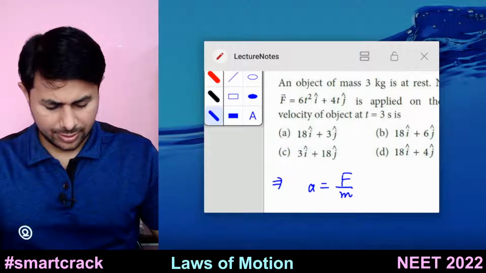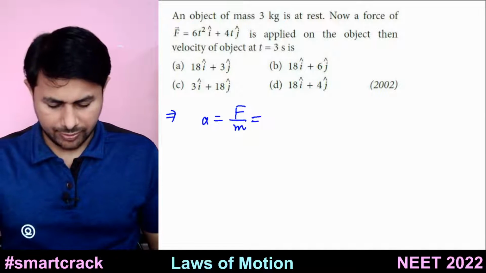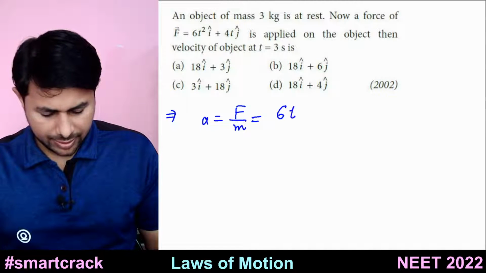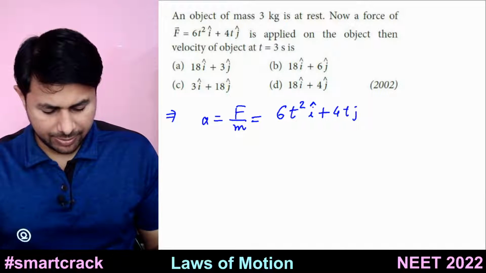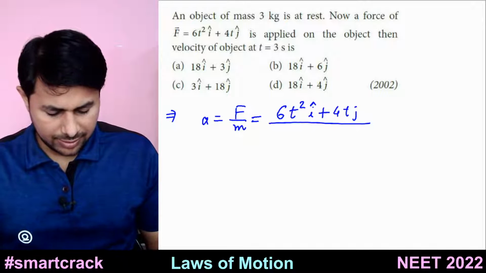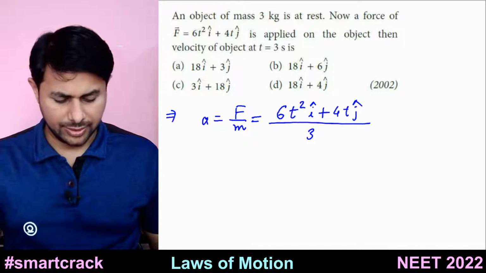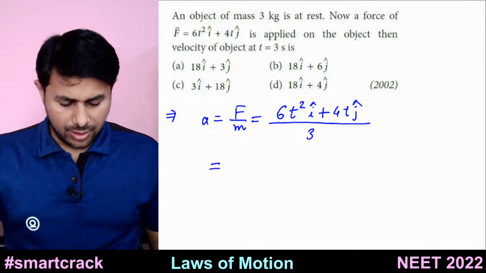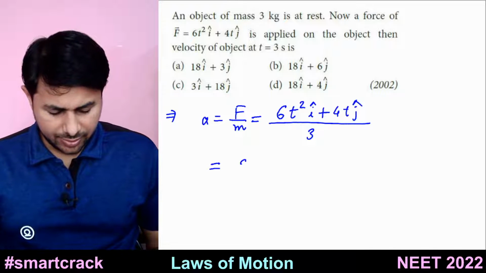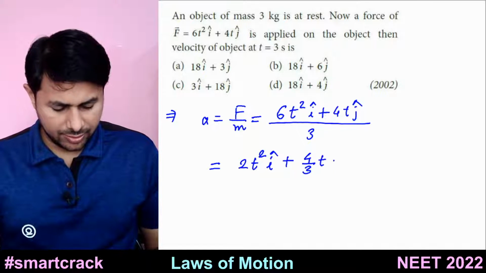So it is equal to 6t square into i cap plus 4t times j cap, divided by the mass, which is 3. You can write it as 6 divided by 3 is 2, so 2t square into i cap plus 4 by 3 t into j cap.